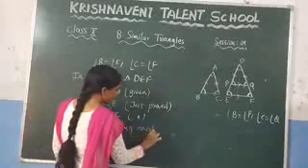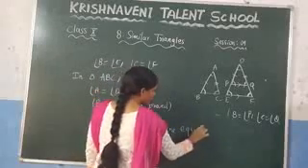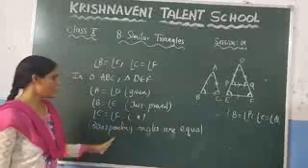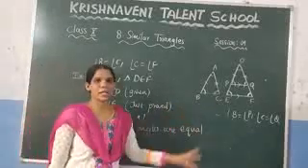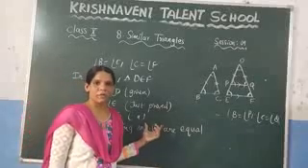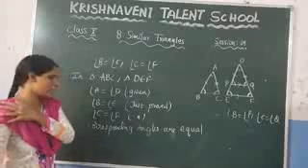Corresponding angles are equal in triangle ABC and in triangle DEF. So here we got that the corresponding angles are equal. Now you know that we have proved triple A, which is nothing but angle similarity.